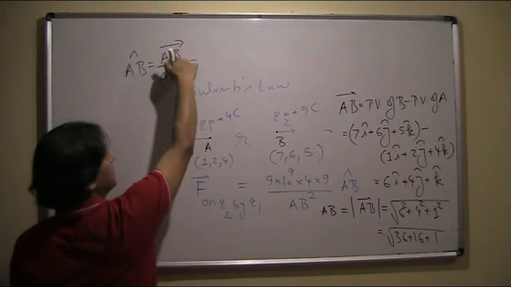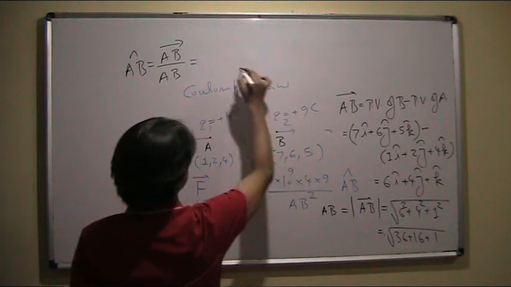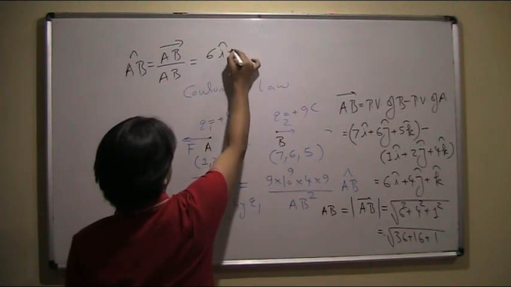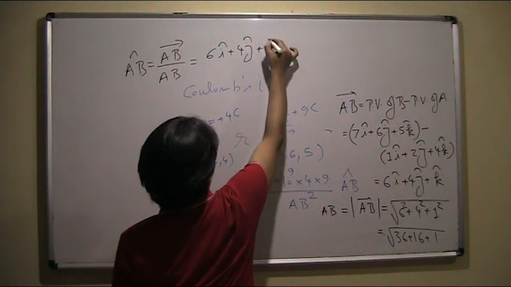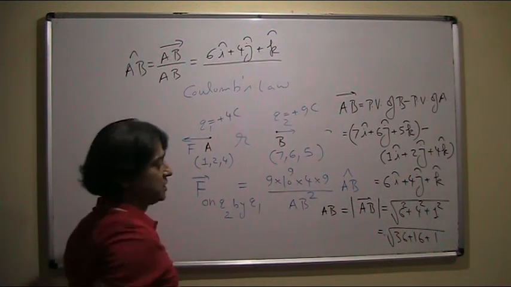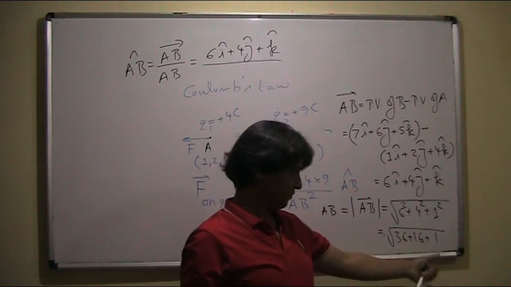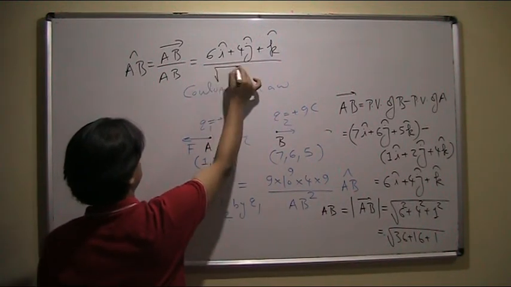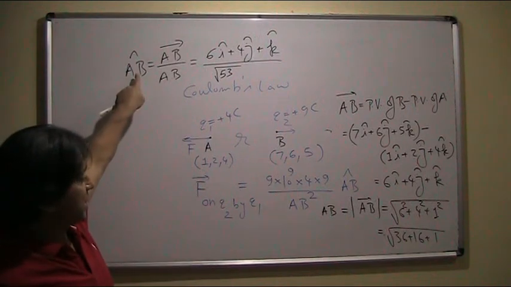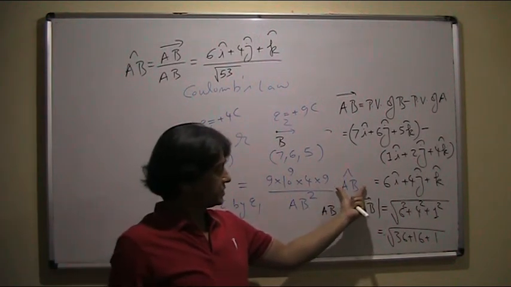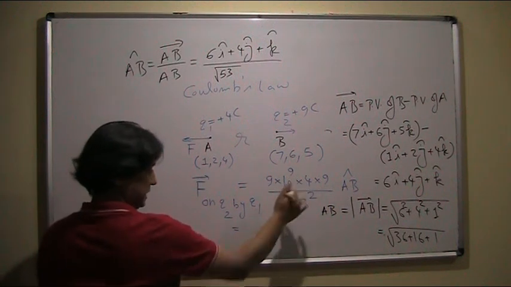Now AB is here, 6I, 4J and K. 6I cap plus 4J cap plus K cap divided by the magnitude part, 36, 46, 52, 53, root over 53. So that's your AB cap. This is AB cap, and then that's how you will complete the answer.